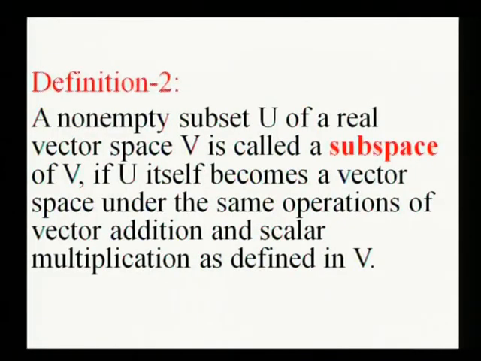A non-empty subset U of a real vector space V is called a subspace of V if U itself becomes a vector space under the same operations of vector addition and scalar multiplication as defined in V. Now, before we take examples, let us take this case.